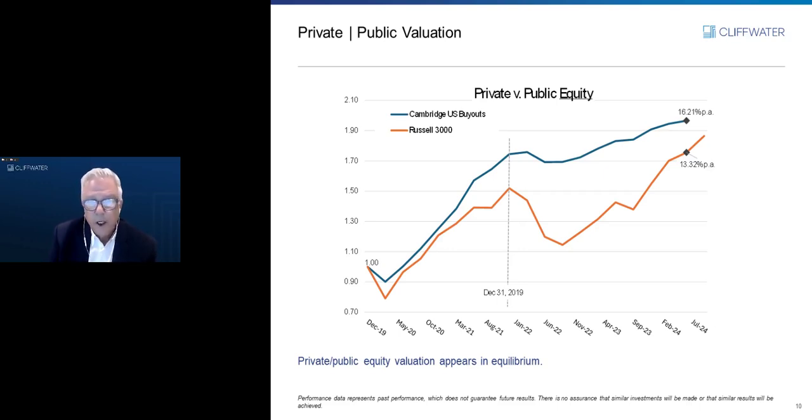nonetheless. But notice in the intermediate period, because of the demand for liquidity during risk-off periods, like during COVID or 2022, public stocks fall more than private equity. That's to be expected. I've also said in the past that we don't see a material problem with private equity.